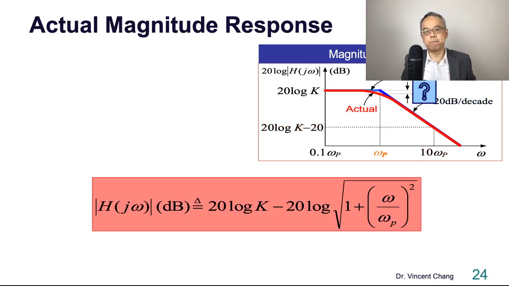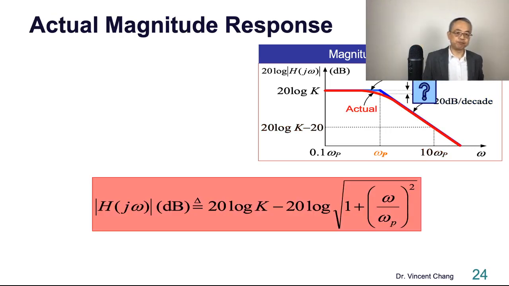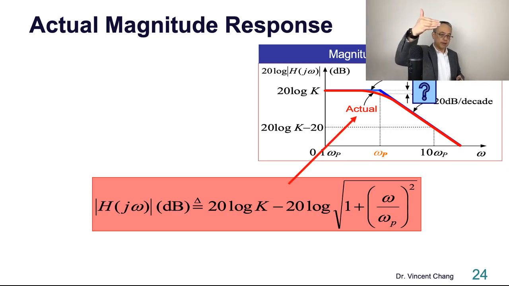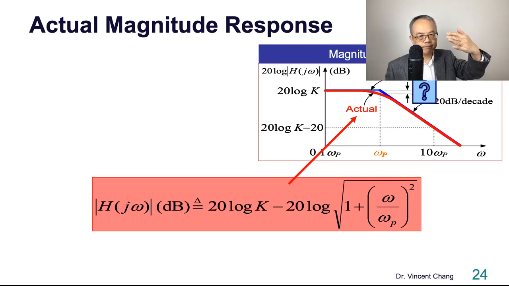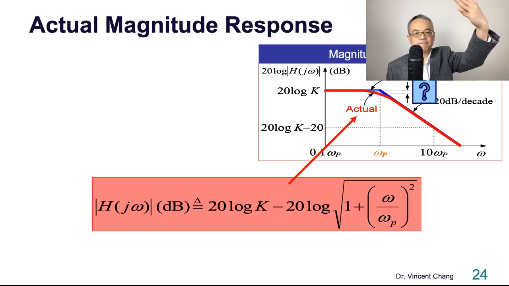But what about at this frequency omega p? For the actual curve, the blue line comes from the 2 asymptotes of the Bode plot. But in reality, there's a difference between the actual diagram and the asymptotic Bode plot.